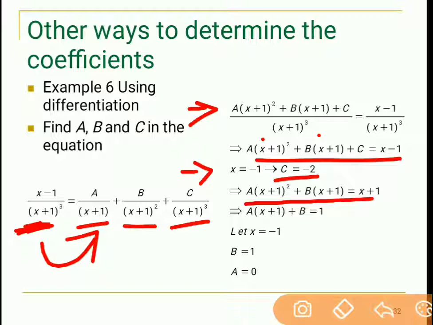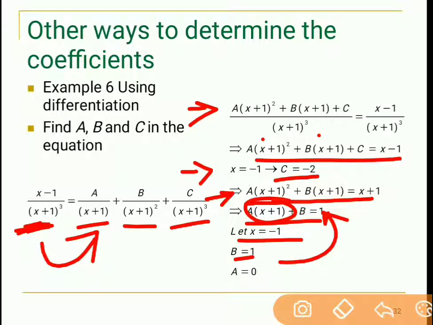Now in this equation x plus 1 is taken out as common, and it reduces to a into x plus 1 plus b is equal to 1. Now if we take x equal to minus 1, then the coefficient of a will be 0, and you will get b equal to 1. And when b equal to 1 is substituted in this equation, you will get a equal to 0.